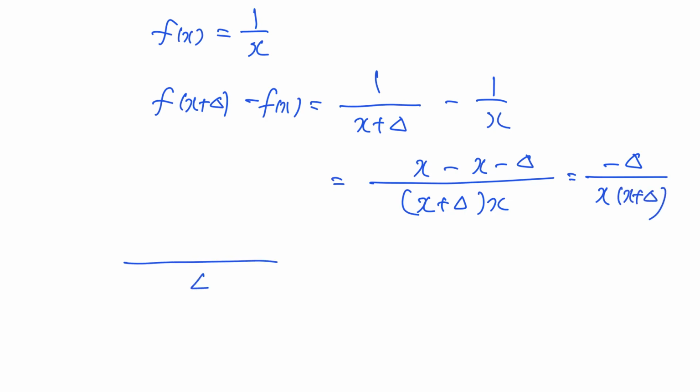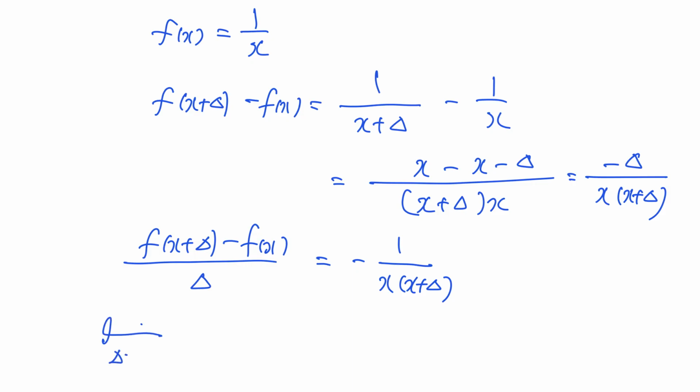So f(x plus delta) minus f(x) over delta is minus 1 over x times x plus delta. So if you set delta goes to 0, we get minus 1 over x squared. Same for x cubed and 1 over x squared.